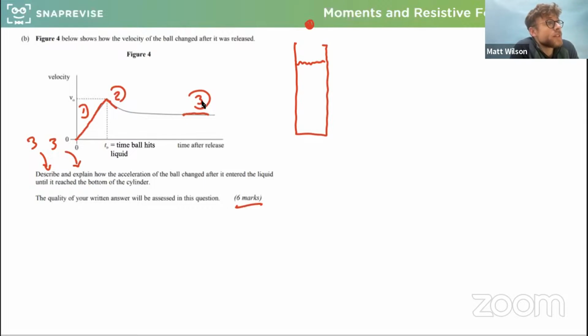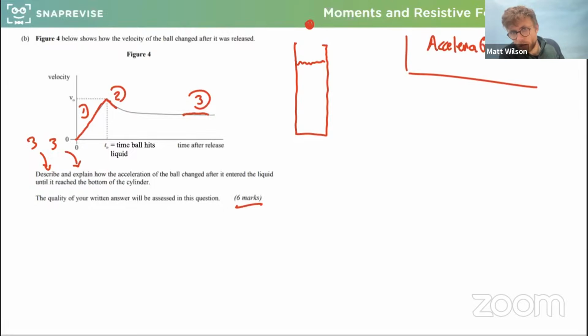Yeah, so this is the key thing here, they're asking us to describe and explain how the acceleration changed over time, and the acceleration is the gradient. So let's put that in a box at the top. I think that's important. Acceleration equals gradient. Okay, good. So let's start from the top.